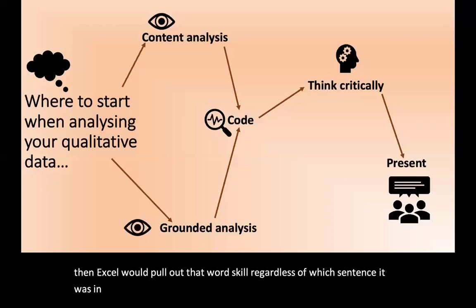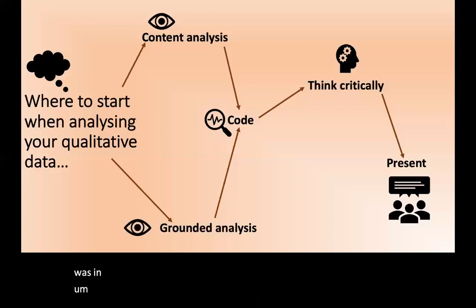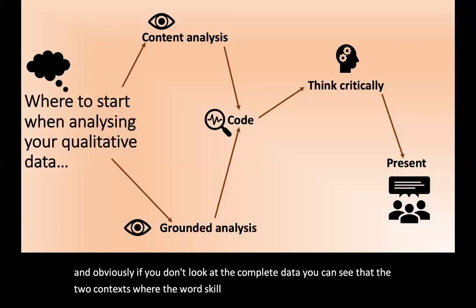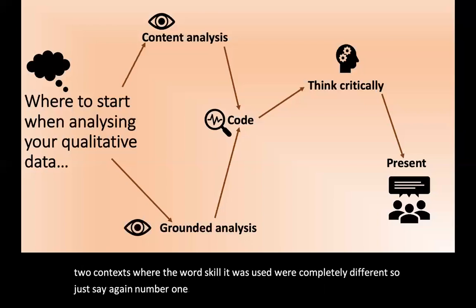And obviously, if you then look at the complete data, you can see that the two contexts where the word skill was used were completely different. Just to say it again, number 1, incredible skill and talent displayed. Number 2, surprised by the lack of skill.